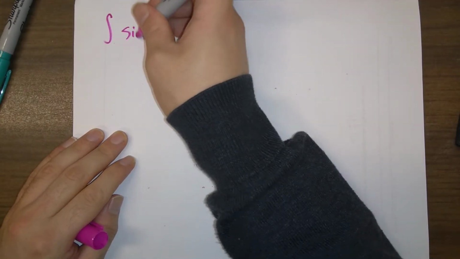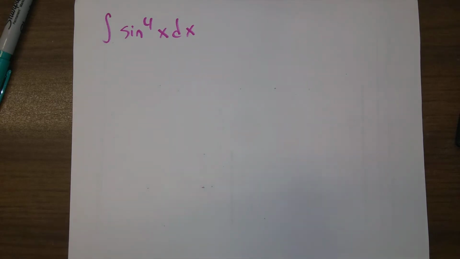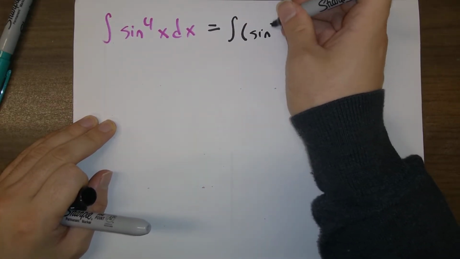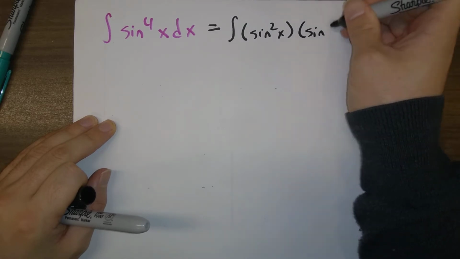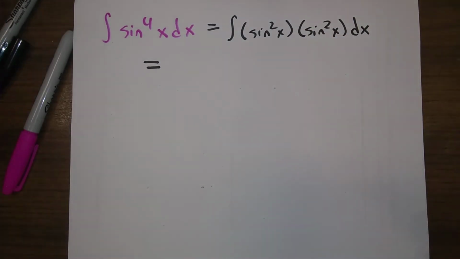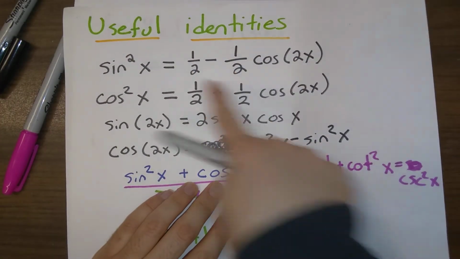We can also look at, for example, the antiderivative of sine to the fourth. Our first step would be to rewrite this as sine squared x times sine squared x dx. Now we're going to use our double angle identity again.